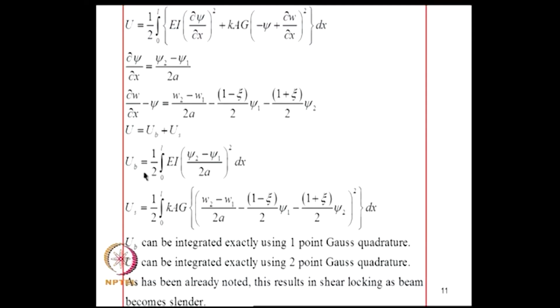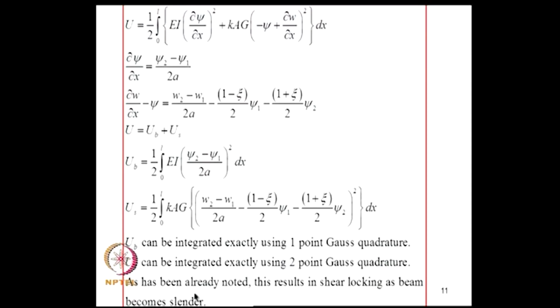For the bending, EI (∂psi/∂x) whole squared will be this, and this is a constant, and the energy due to shearing will be given by this. So, this integral can be evaluated with one term Gauss quadrature, and to evaluate this exactly I need a 2-point Gauss quadrature, because this will be 4th order in xi.